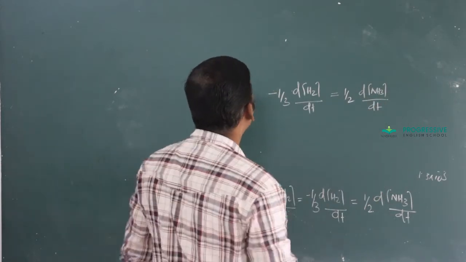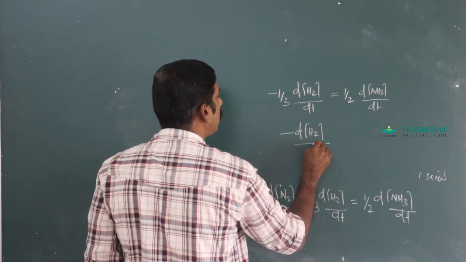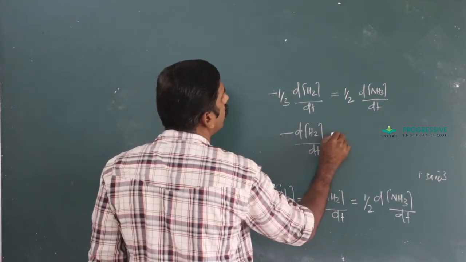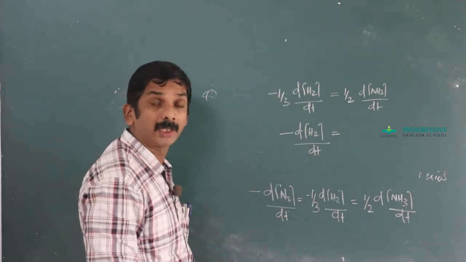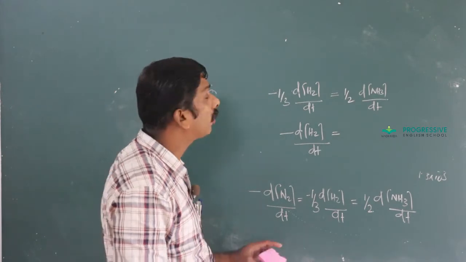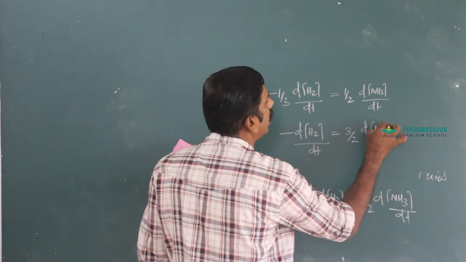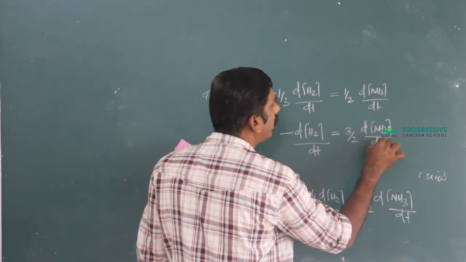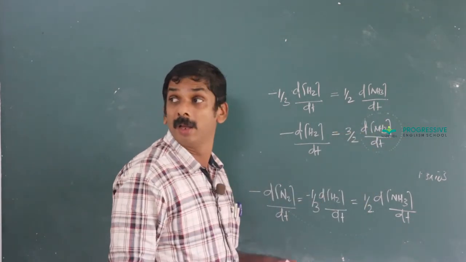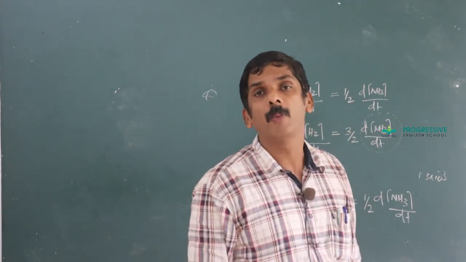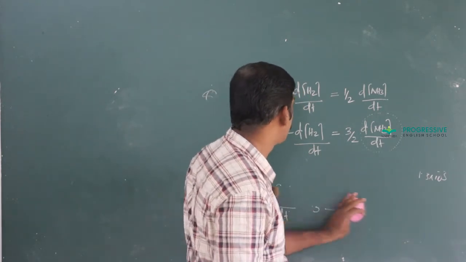Here we have to find minus dH2 divided by dt, which is the rate of disappearance of hydrogen, equal to 3 by 2 dNH3 divided by dt. dNH3 divided by dt is the rate of formation of ammonia, which is given.